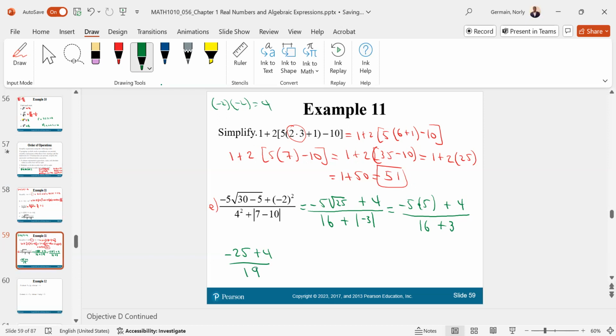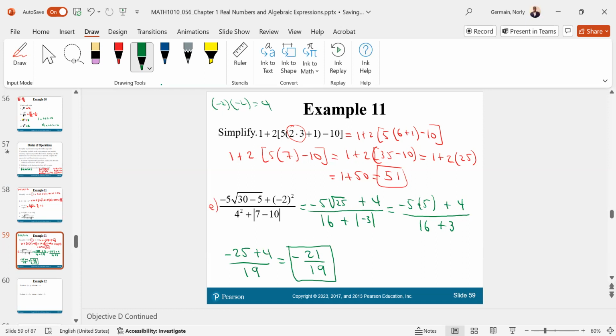Negative 25 plus 4 is negative 21 over 19. Now, we only need to pay attention to whether we can simplify. There is no common factor between 21 and 19 because 19 is a prime number. We're going to have a chance to talk about it later.